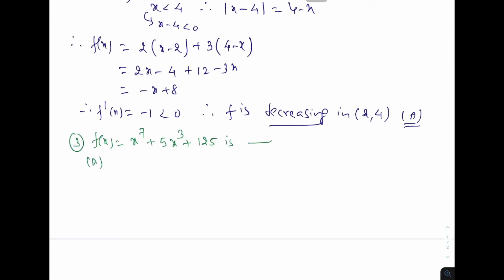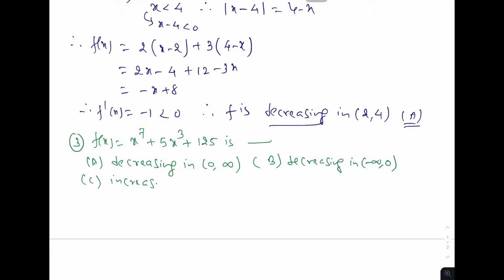Options are decreasing in open interval 0 to infinity, then decreasing in minus infinity to 0, then increasing on R, and neither increasing nor decreasing in R.